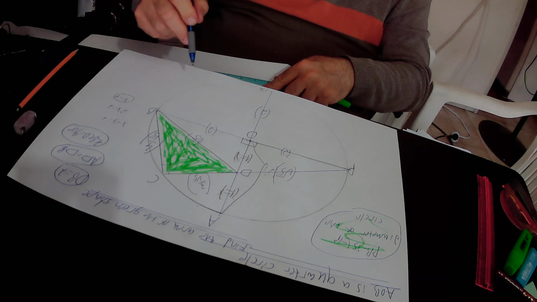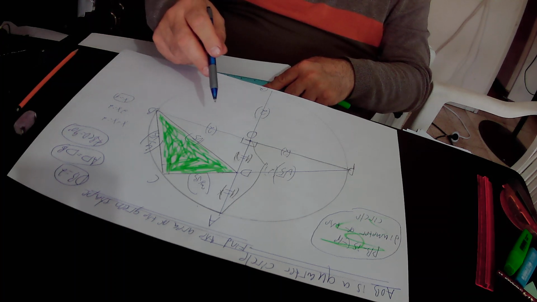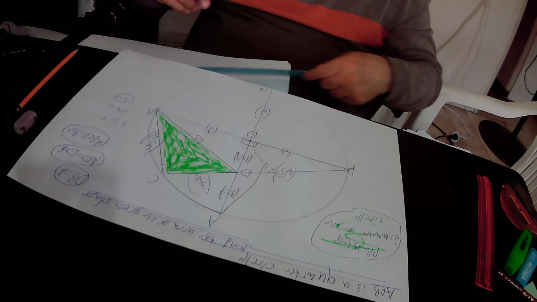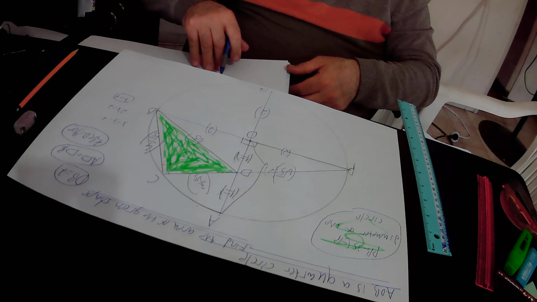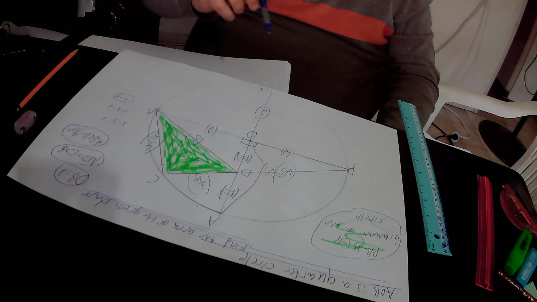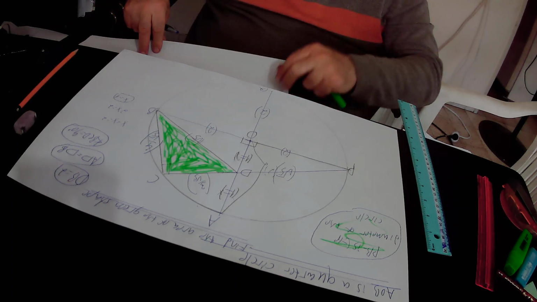So actually, the area of the green shape is the area of the green right triangle DCB. So we have to find out the area of the green right triangle DCB. That is the area of the green shape.